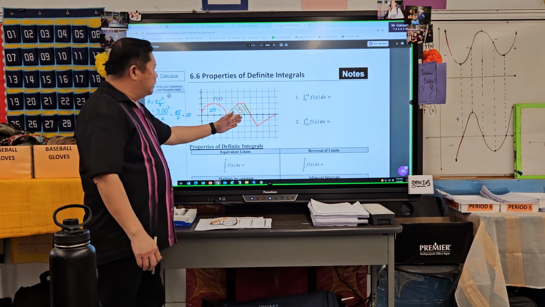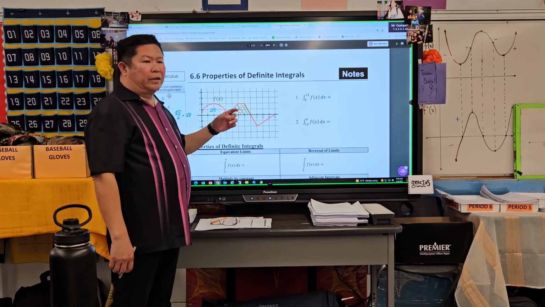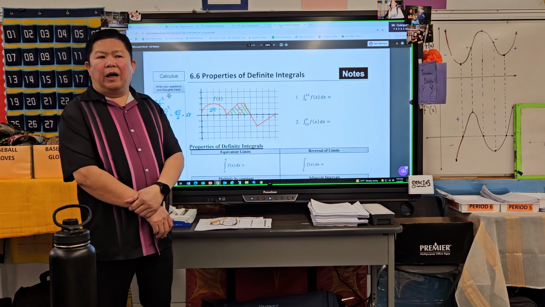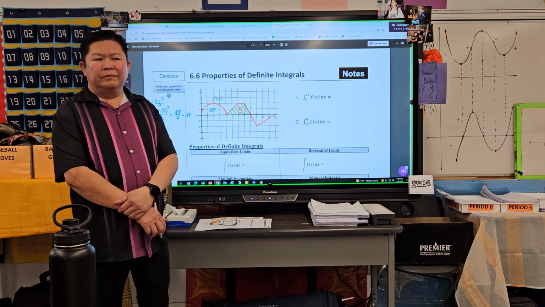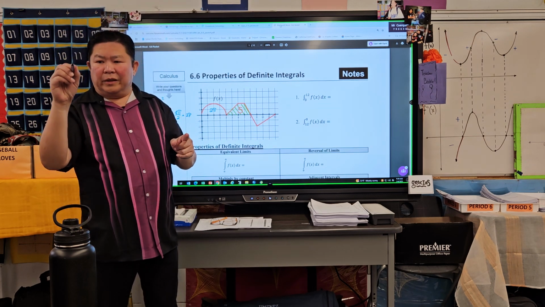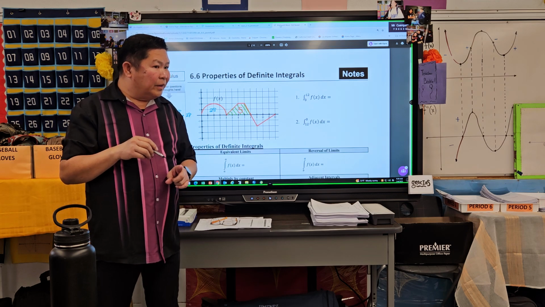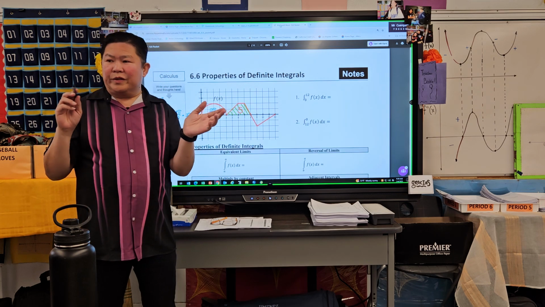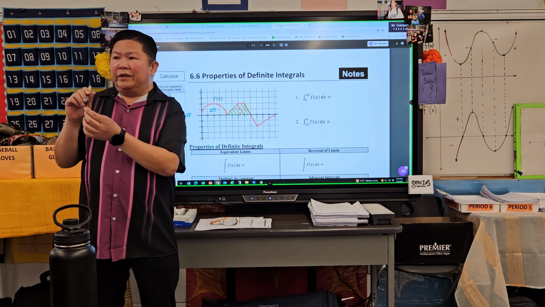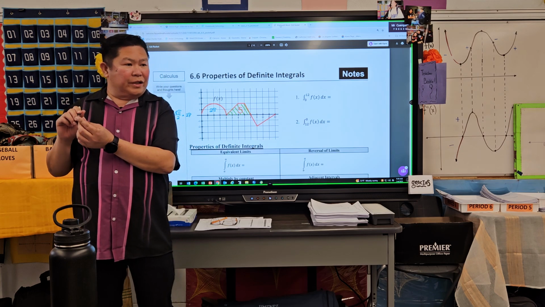Next, how about this one? We also consider that as a trapezoid. Remember, we had a situation last time on the right Riemann sum, where you can still remember that the rightmost is at 8, 0.